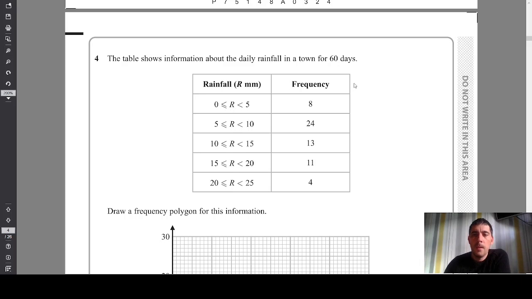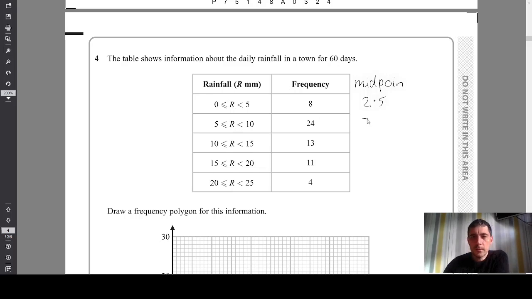I'll just put in an extra column. Let's label it midpoint, and here I'm just going to put all the midpoints. Okay, so the midpoint between 0 and 5 is 2.5, so I'm just redoing this question from the previous video.